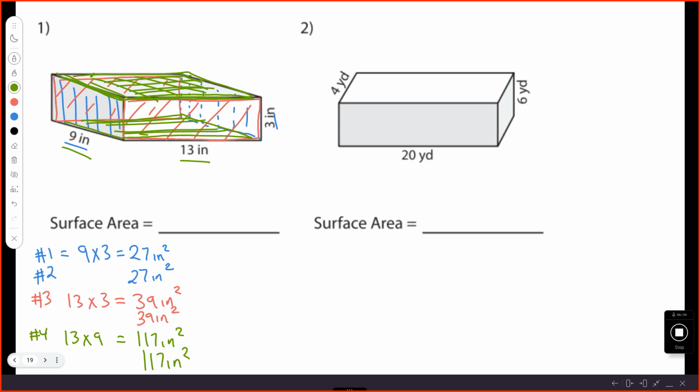All right, let's do the fun part. We all love this part. Let's go ahead and add 117 plus 117, which is 234. And then we'll add 39 and 39, which is 2 shy of 80, or 78. And then we'll add 27 and 27, which is 54.